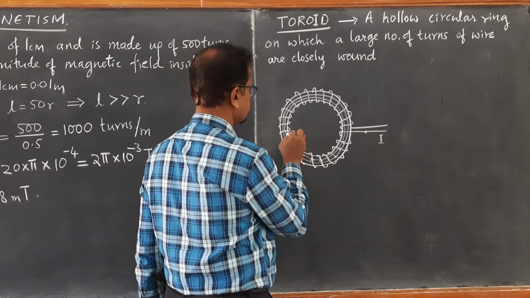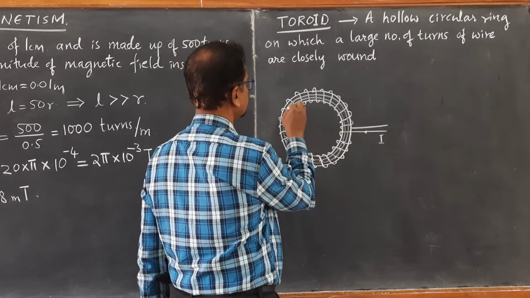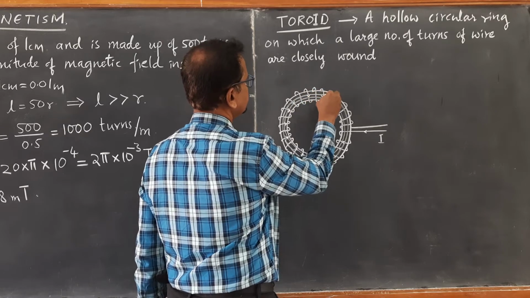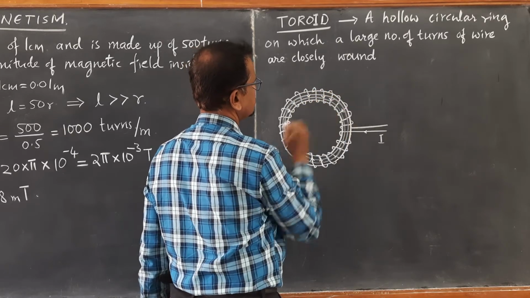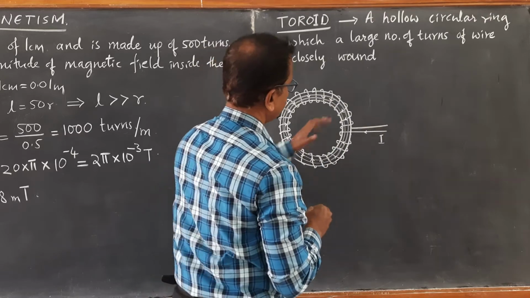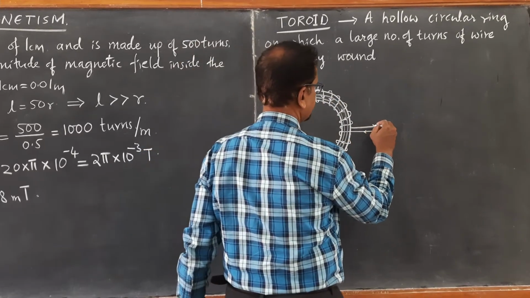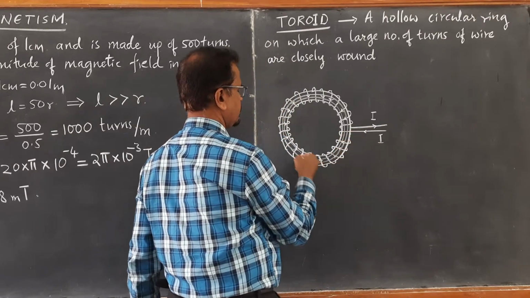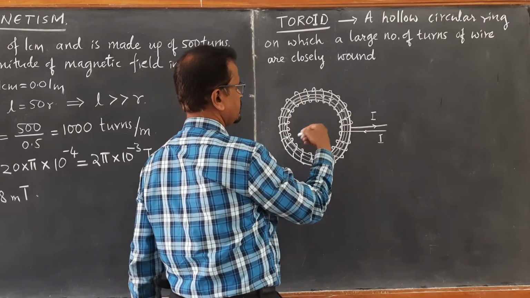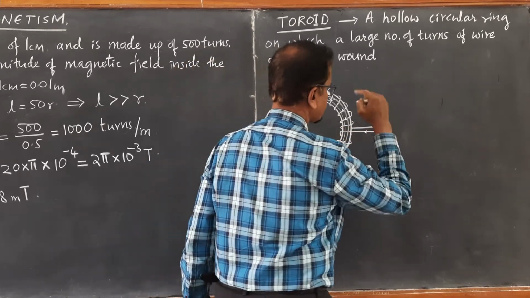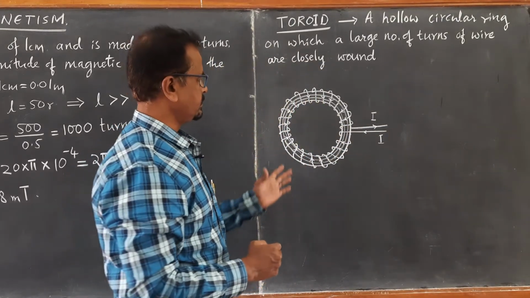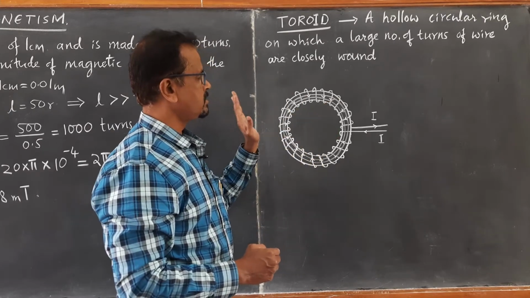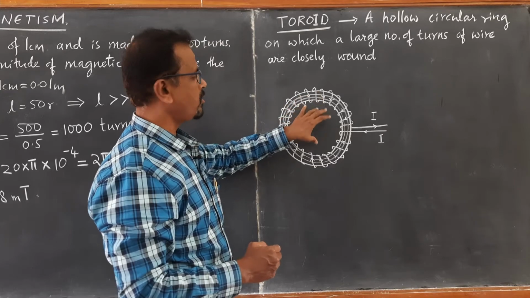So this is how one can schematically show the toroid with the help of a simple diagram to show the direction of flow of current. So it is entering from this wire, and after completing the toroidal ring it emerges out. As a result, you see the magnetic field lines are confined within the circular ring, within that circular hollow ring.